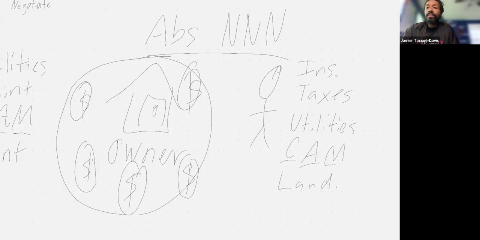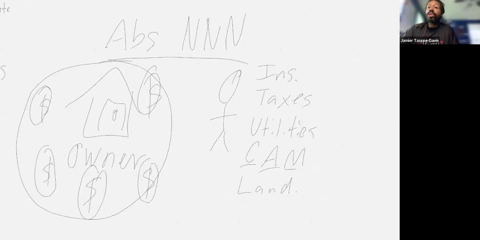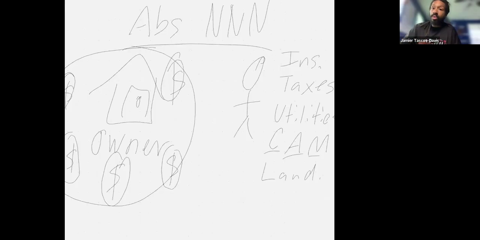You pay that at the end of the month, the landlord sends you the bill, and then you reimburse the landlord. So that's how those situations work when we're talking about the tenant paying for insurance, taxes, CAM, things like that.